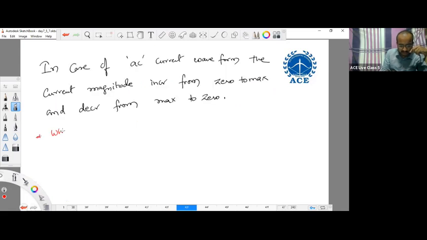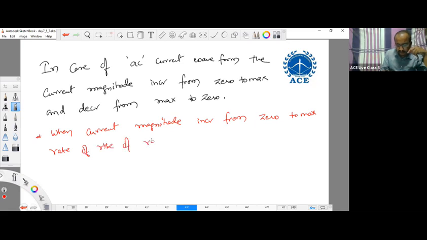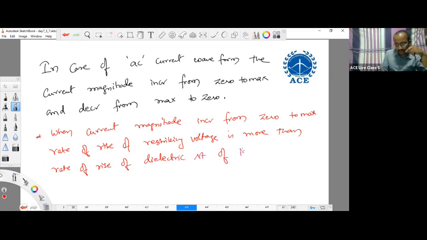So when current magnitude increases from 0 to maximum, rate of rise of restriking voltage is more than rate of rise of dielectric strength of insulation.